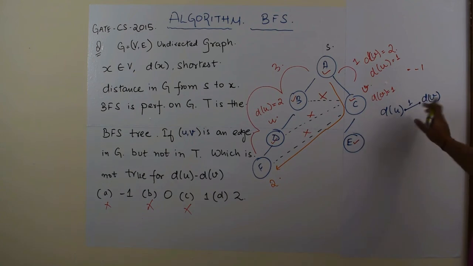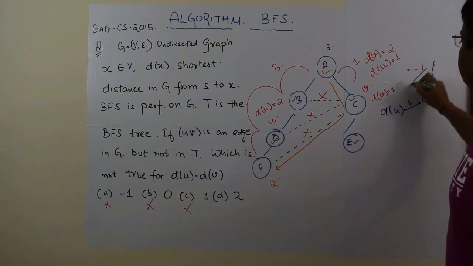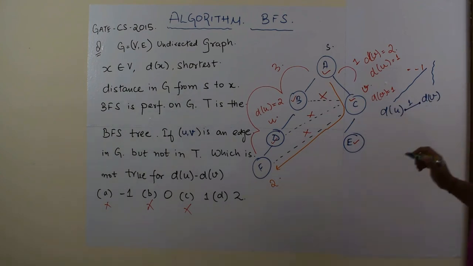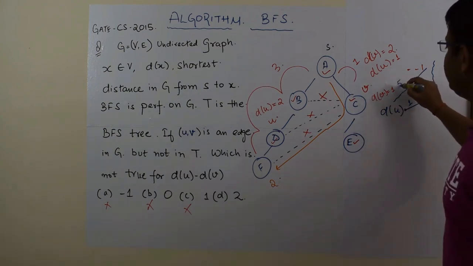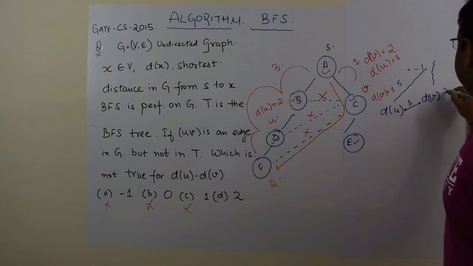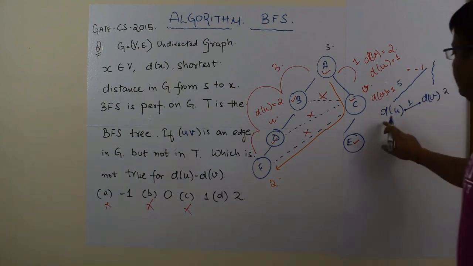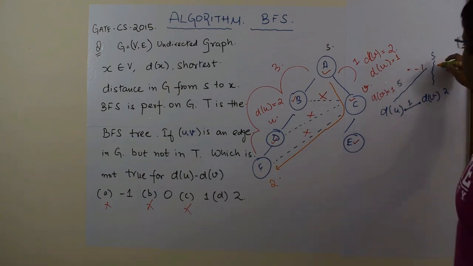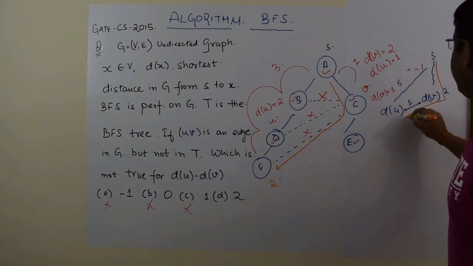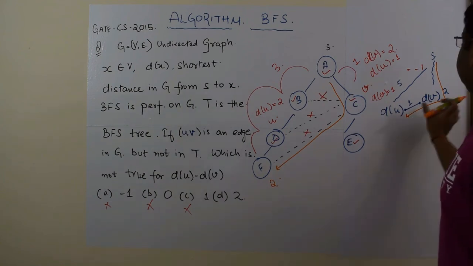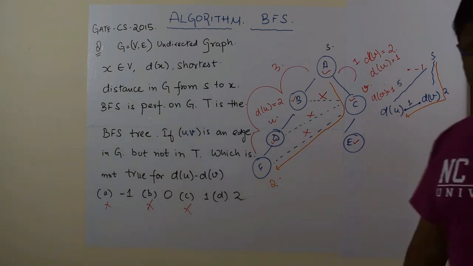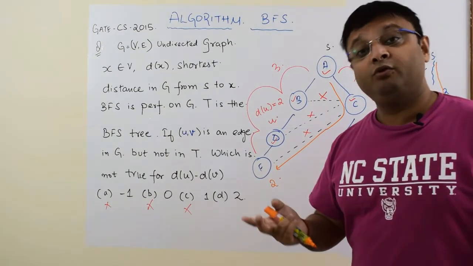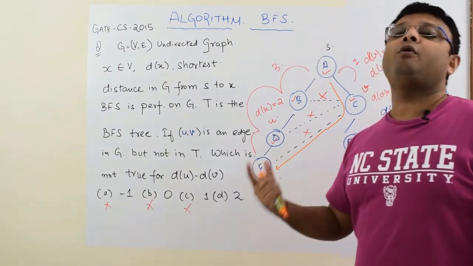If the difference between these two is more than 1, say du is 5 and dv is 2, then du could not have been the minimum distance from the source, because you have an alternate path. You could have come via v, and the distance would be dv plus 1. So the maximum difference between the two shortest paths could be either 1, 0, or minus 1.